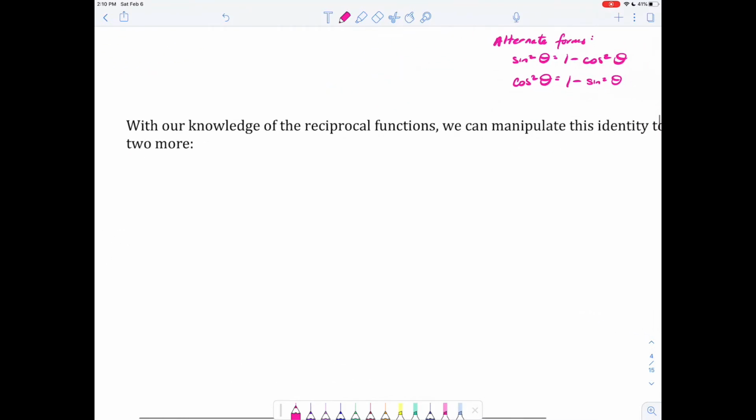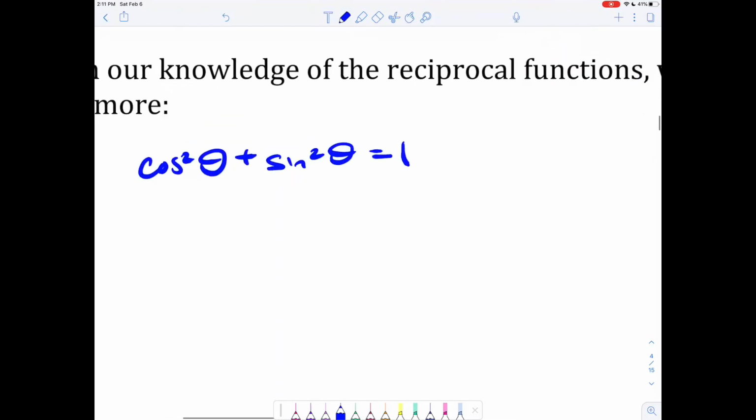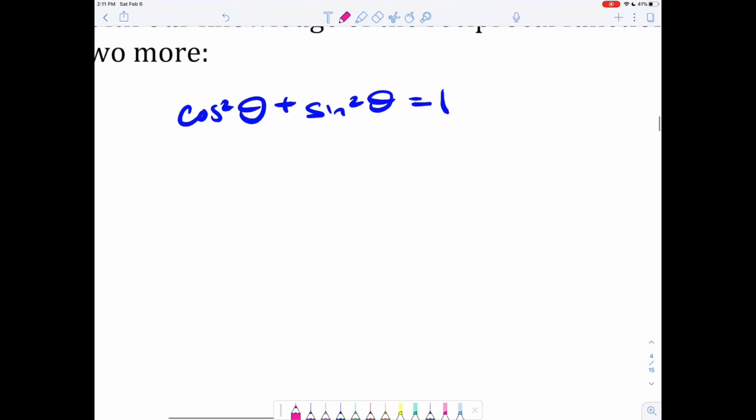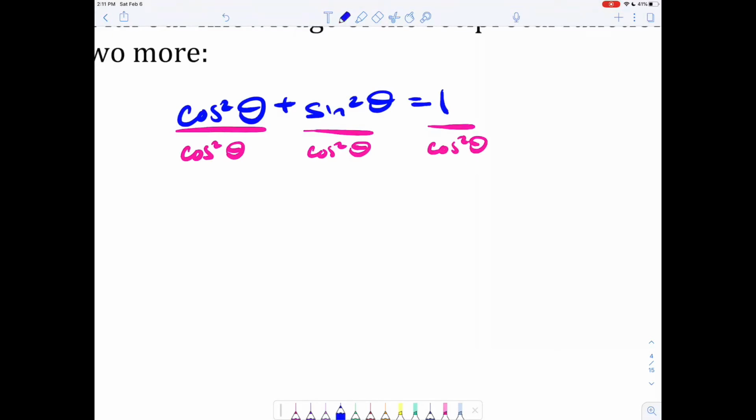So starting with this business that we have cos squared theta plus sine squared theta is equal to 1, there are a couple things we can do with that. One thing we can do is just say, you know what, I think I'm going to divide every single term by cos squared theta. What does that do for us?